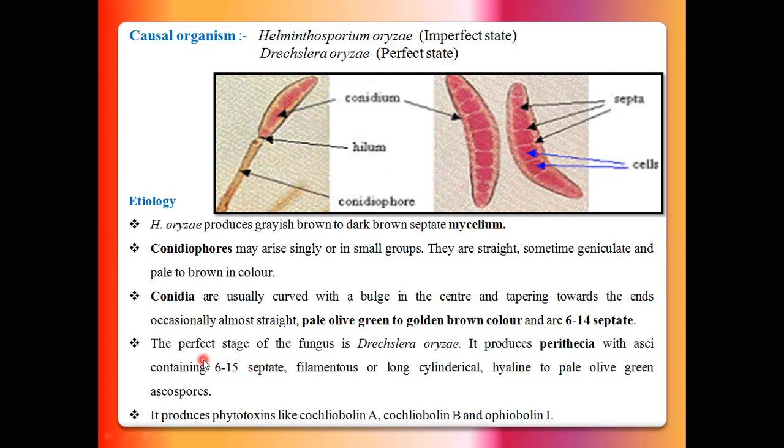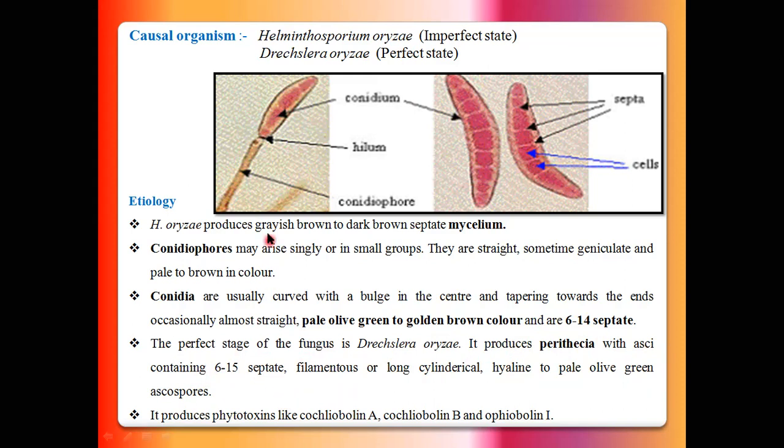Then this fungus also reproduces by sexual methods by forming the perithecium. Inside the perithecium fruiting body, asci are generally produced. This asci produces the ascospores.